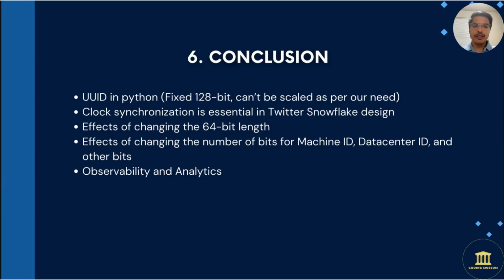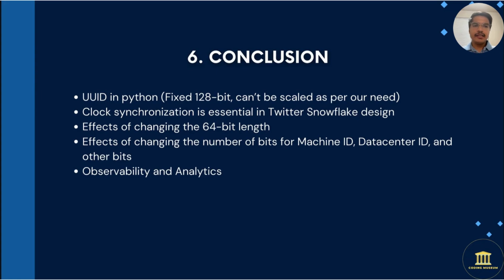Additionally, clock synchronization is critical in the Twitter Snowflake approach to ensure accurate timestamps across distributed systems. Moving forward, we need to evaluate the impact of changing the 64 bits and assess whether 32 machine IDs and 32 data center IDs are sufficient or if future scaling is required to address these limitations.